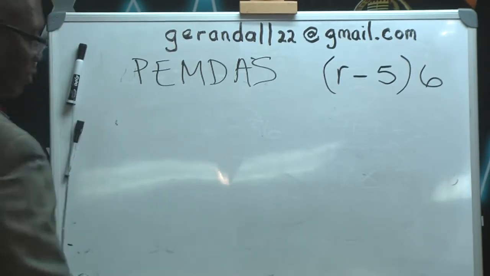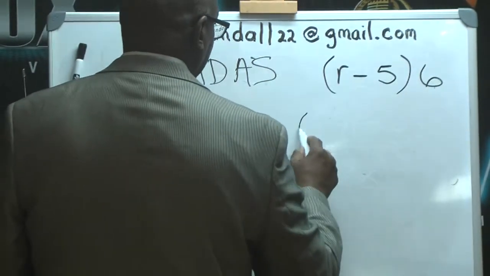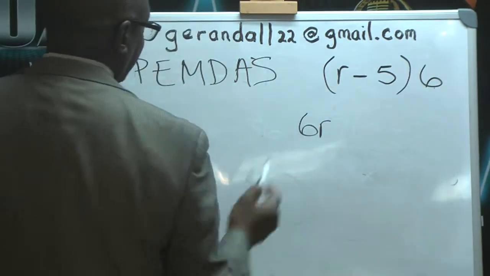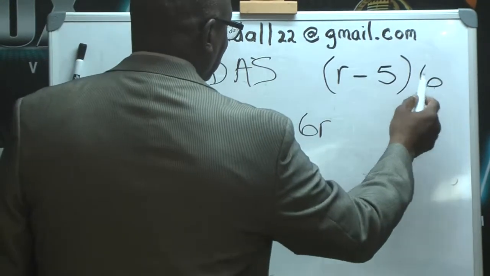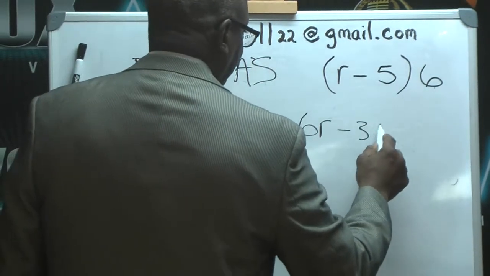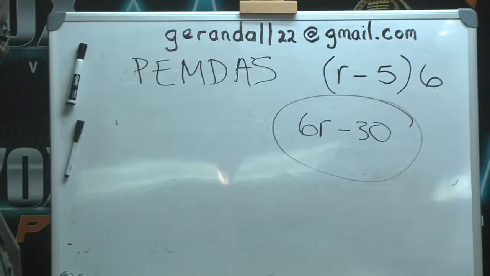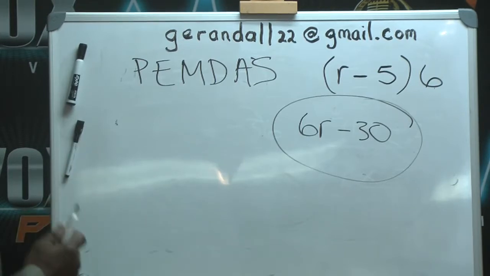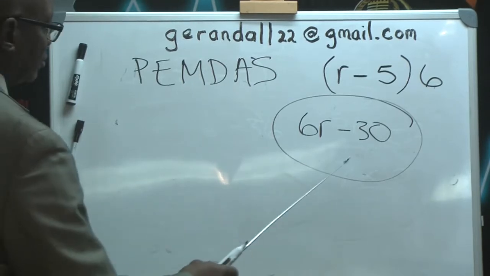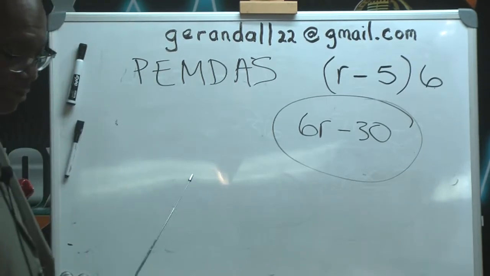So we use the distributive property to go. 6 times R is 6R. And 6 times a minus 5 is a minus 30. Final answer. That easy. Again, this is a situation where there's no numeric answer. You end up with a variable and, in this case, an integer minus 30.